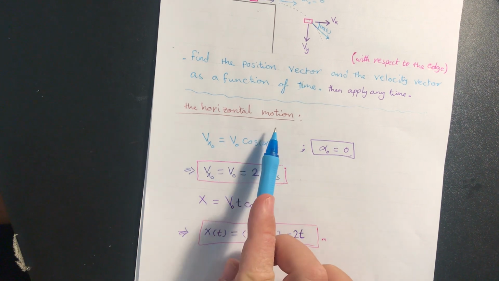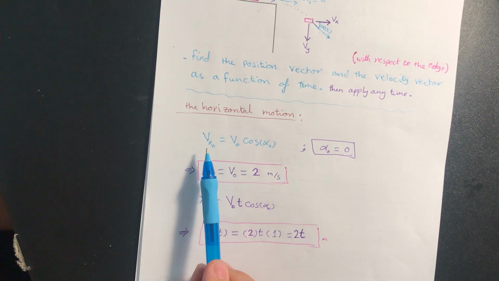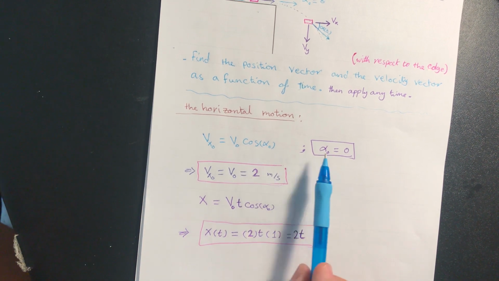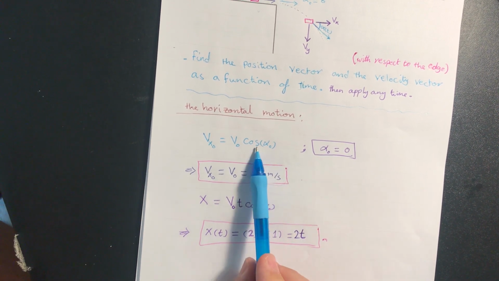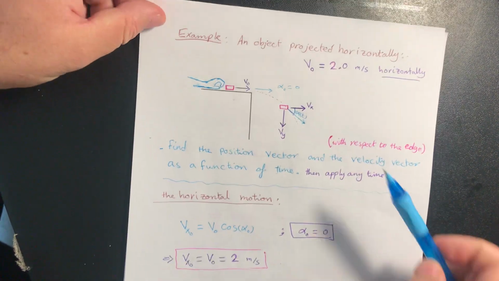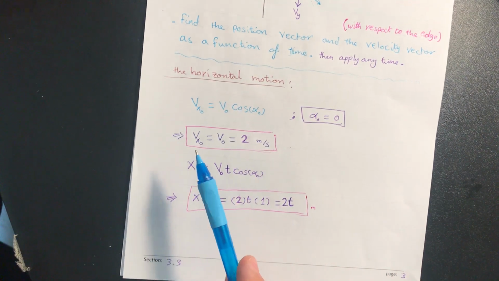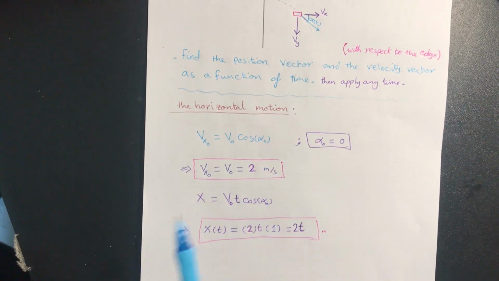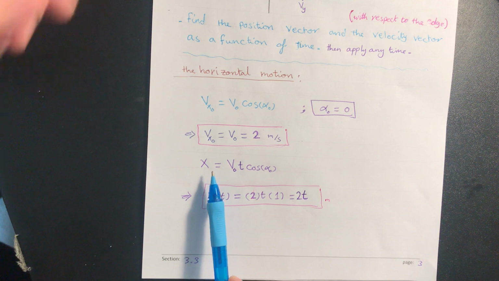Now, for horizontal motion, Vx naught is equal to V naught cosine alpha naught, but alpha naught is equal to 0 and cosine 0 is 1. V naught is equal to 2 as given. So Vx is always equal to 2. What about the position?